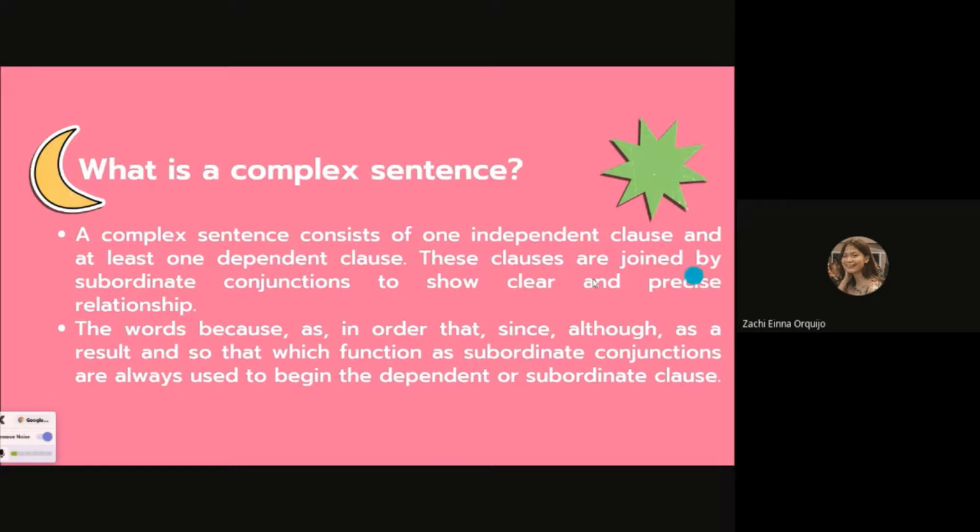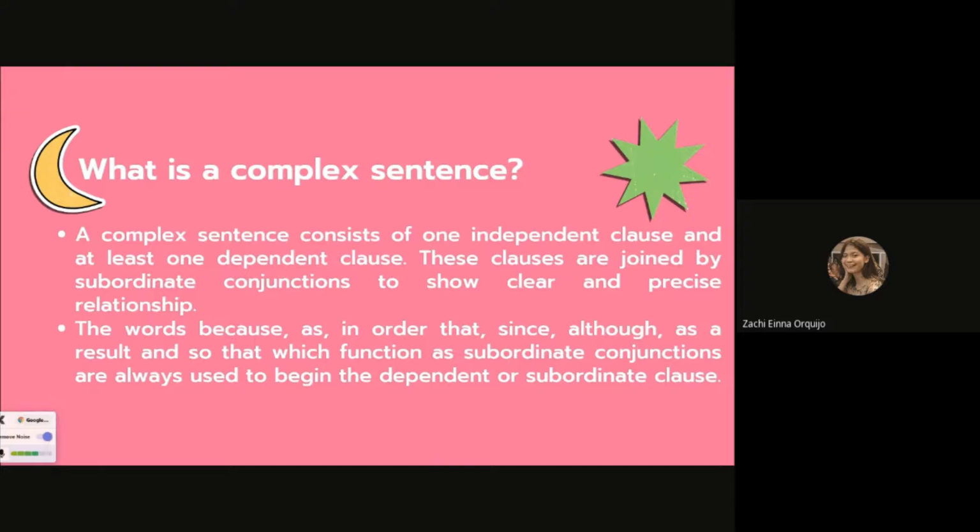So these clauses are joined by subordinate conjunctions. So para magsama si independent clause at si dependent clause, meron tayong ginagamit na conjunction at ito yung tinatawag nating subordinate conjunction.